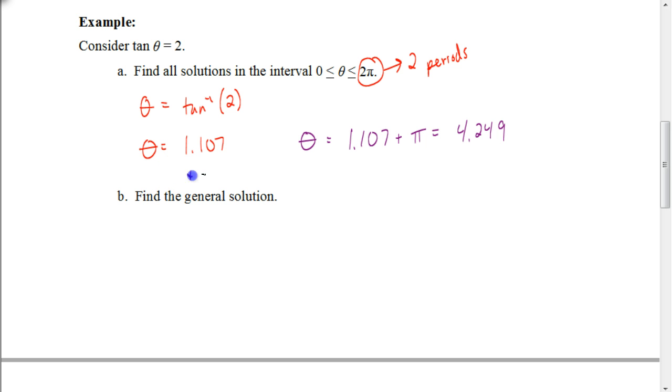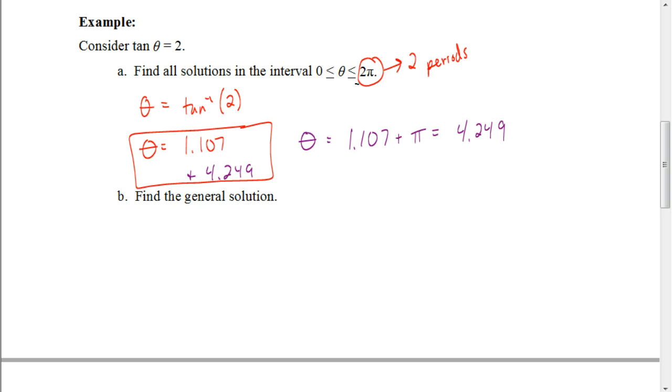So the other solution between 0 and 2 pi is 4.249. It's important that this other solution is only there because they're asking us in an interval that repeats the period for this function twice. So there are two solutions for this one.